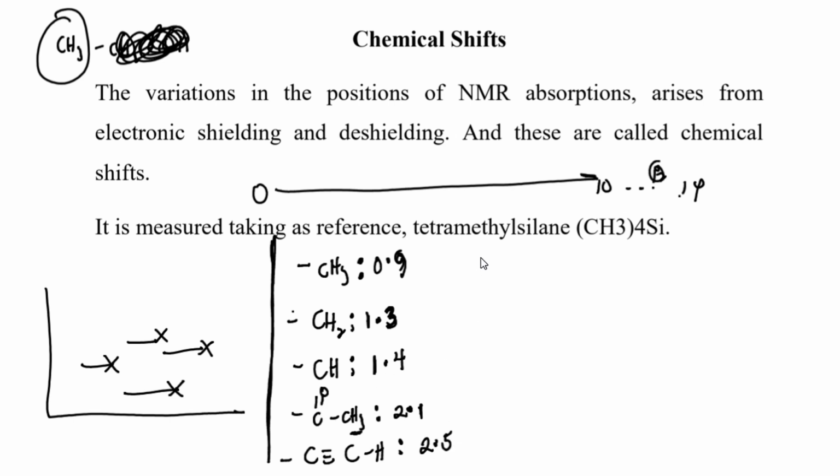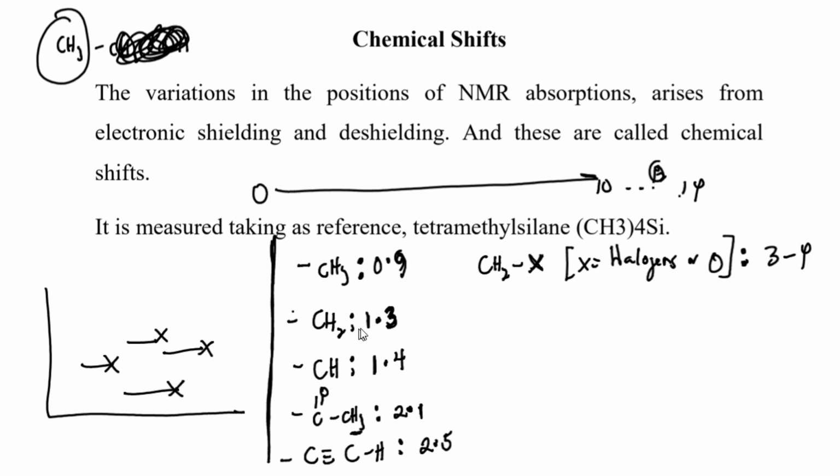Another one is this. When you have CH2 joined to an electronegative atom or halogens, where X equals halogens or oxygen, the value is around 3 to 4. Please take note of this.